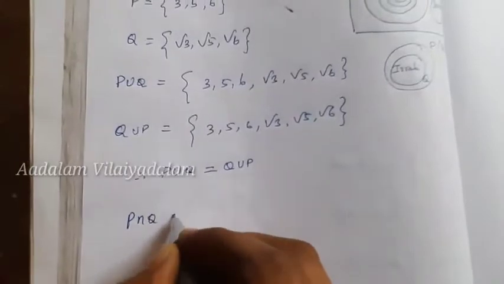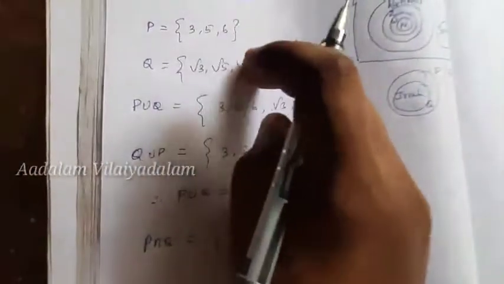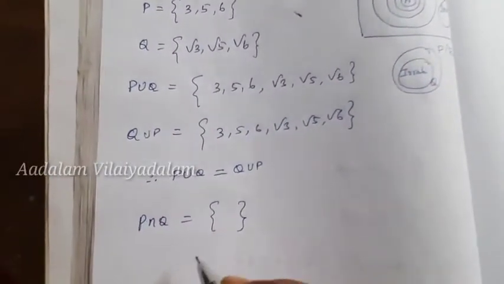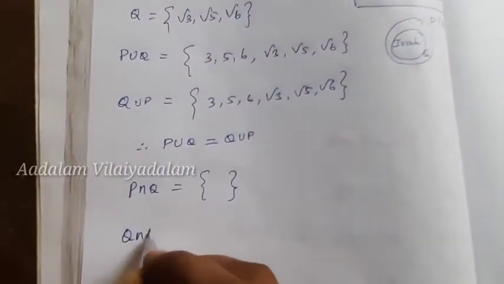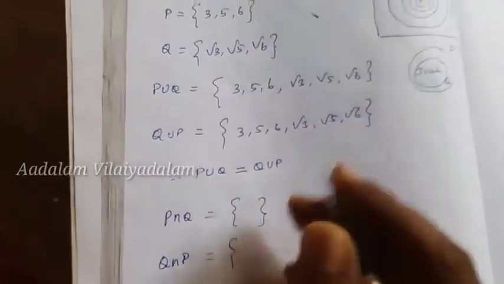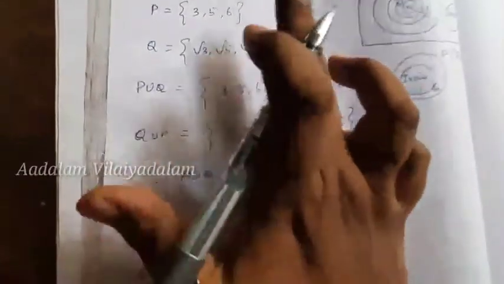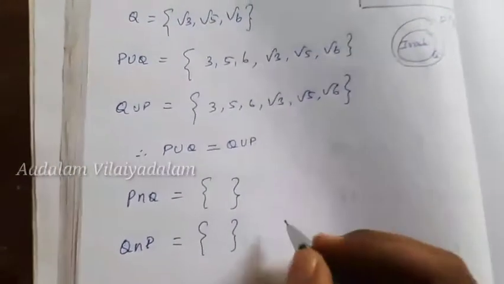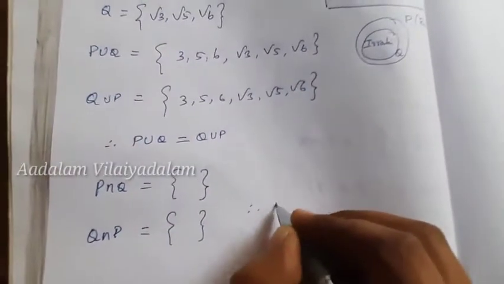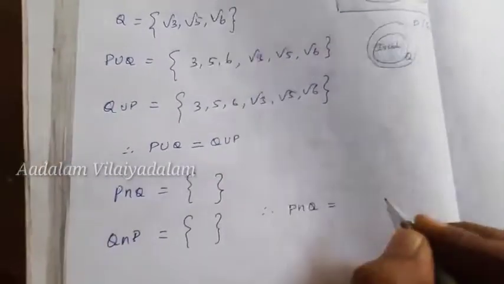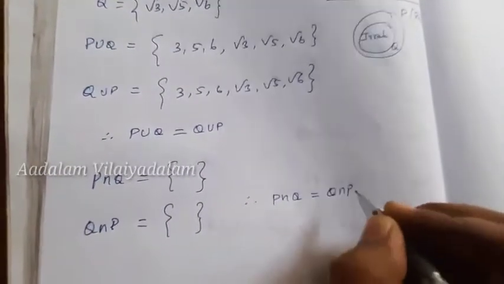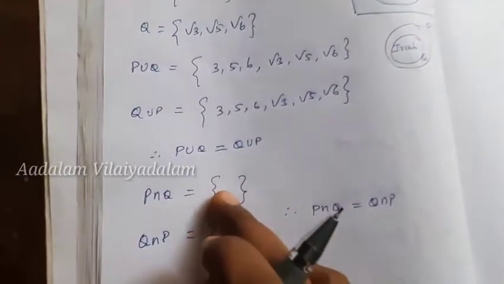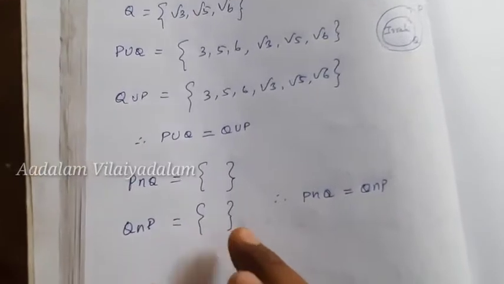P intersection Q equals... Is there anything common between this set P and Q? Nothing. So therefore we can find Q intersection P. There is also no common element between Q and P. So therefore we can write the empty set. So we can conclude that P intersection Q equal to Q intersection P are equal, because on the left hand side we get the empty set and on the right hand side also we get the empty set.